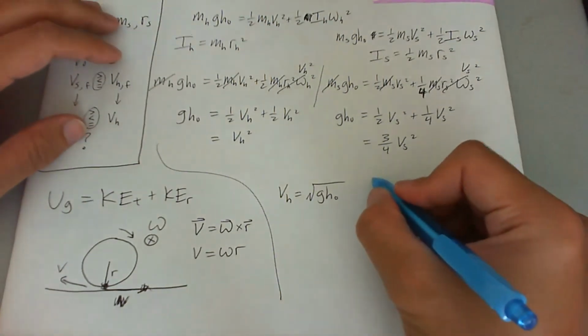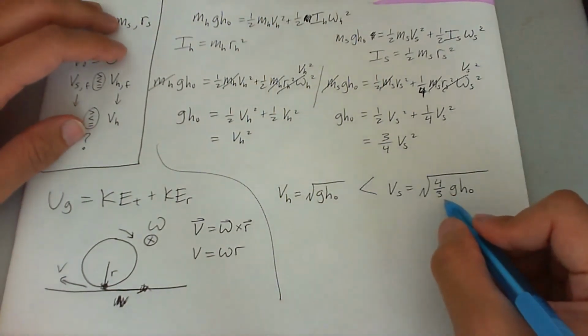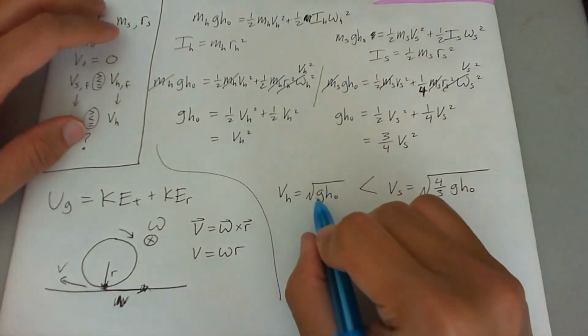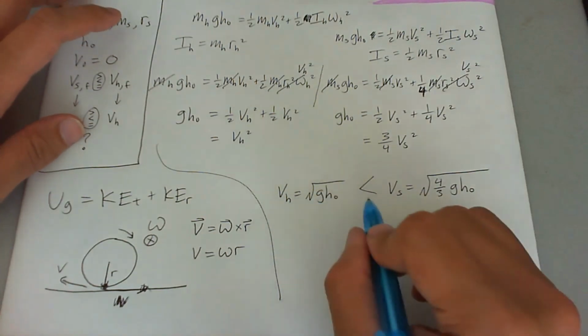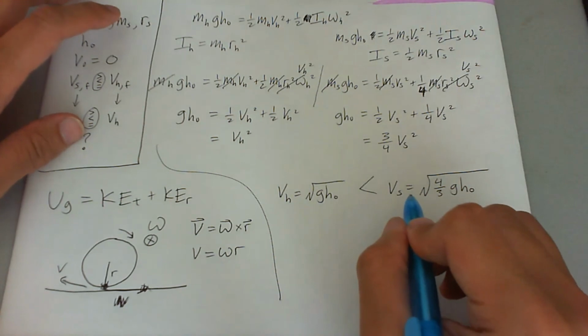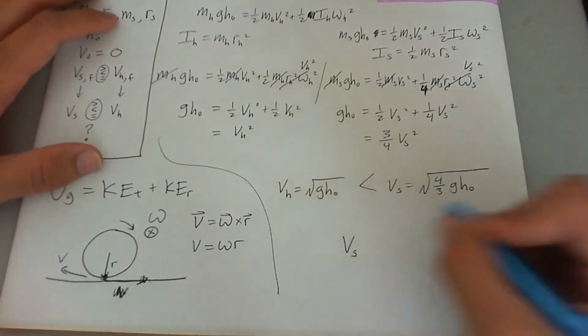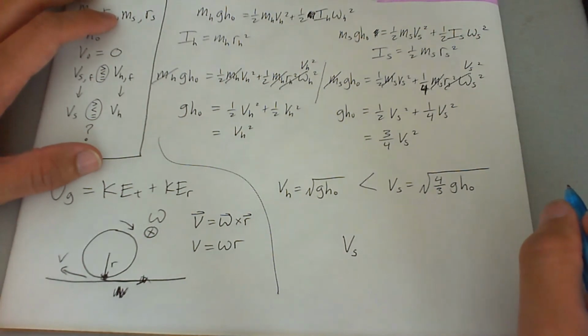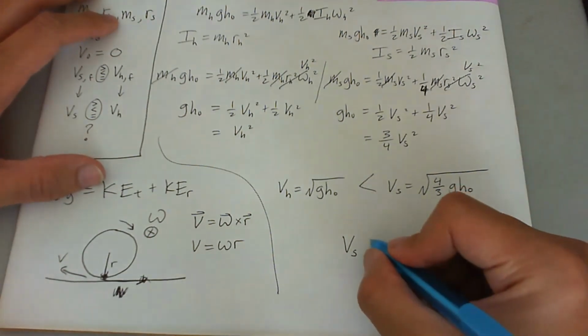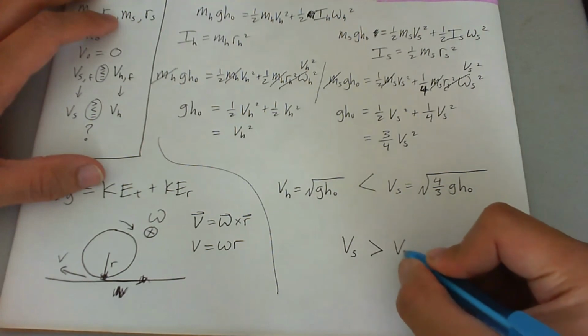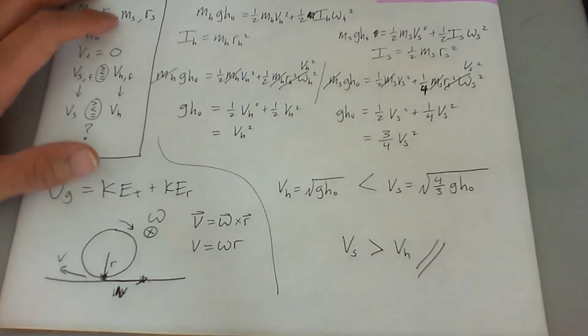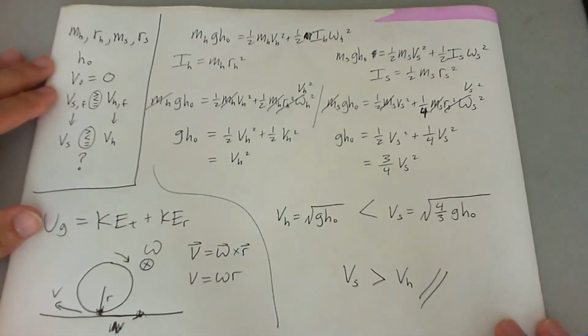Since there's a 4/3 in front, which is greater than the 1 in front of this gh, VS is greater. So the final answer is that the translational velocity of the solid cylinder is going to be greater than the translational velocity of the hollow cylinder, at the bottom of this ramp.